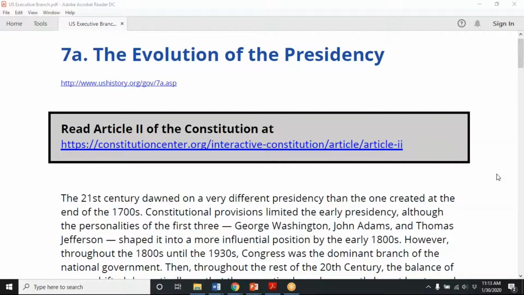The Constitution isn't meant to be fancy. It's not meant to be impressive. It's just describing the government. Their job as they gathered in 1787 was to design a new government for this new country, and so it's not very fancy. It's pretty easy to understand. Here's a link, constitutioncenter.org.